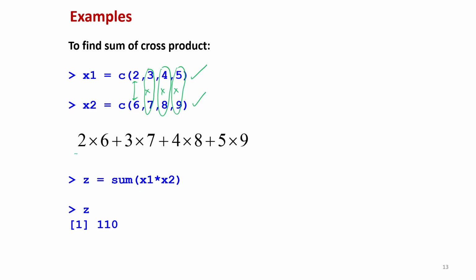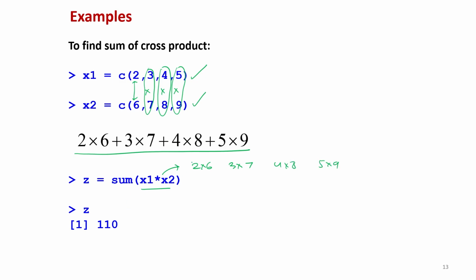So basically we want this type of expression. When I do the operation x1 into x2, I will get 2 into 6, 3 into 7, 4 into 8 and 5 into 9.